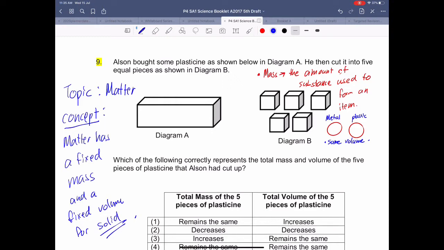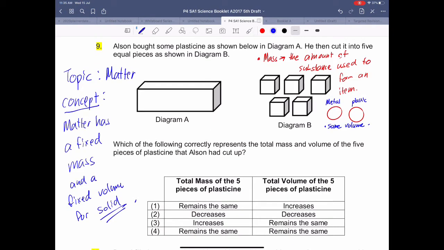In this case, they ask you which of the following correctly represents the total mass and total volume. So remember, the mass is fixed. The volume is also fixed. Now be very careful. The idea here is total volume and total mass.